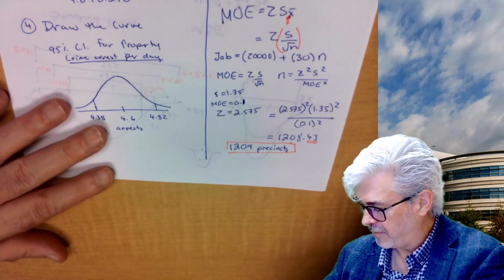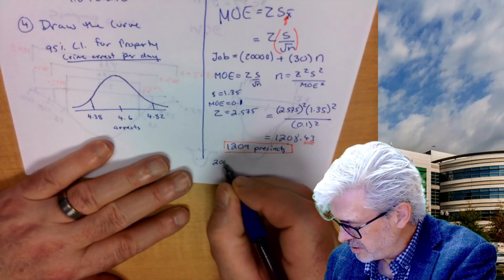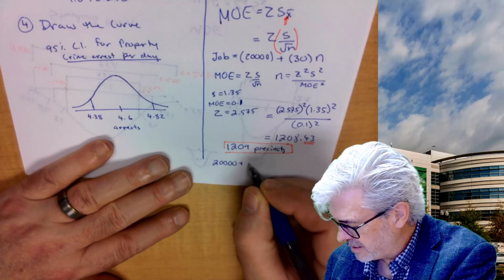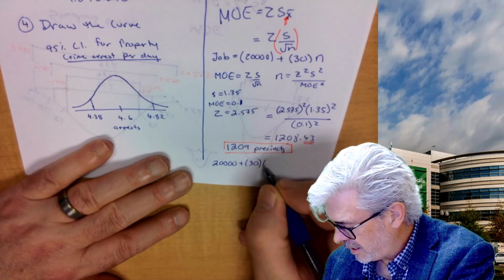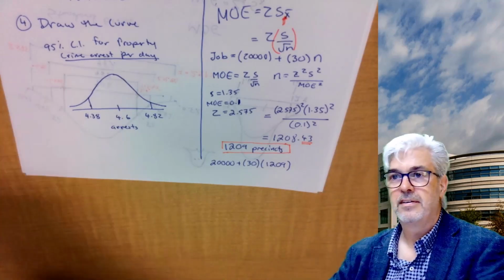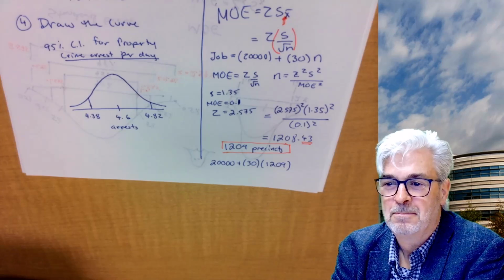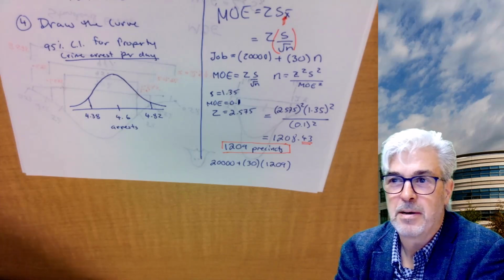Now, here's a fun fact for you as a bonus. So this would cost $20,000 plus 30 times 1209. And tell me what kind of a car we're shopping for. All right, Samira, you get a car.